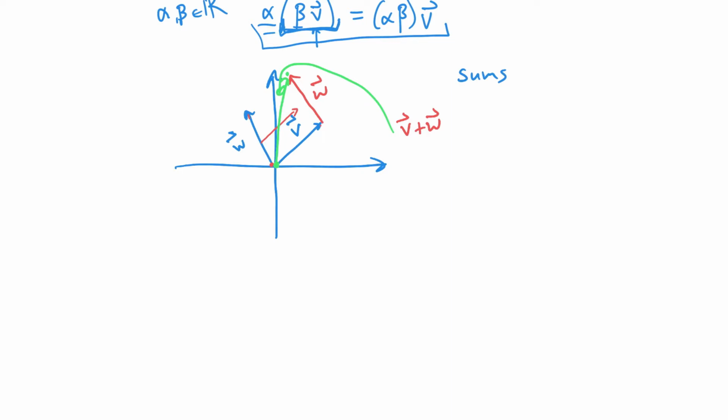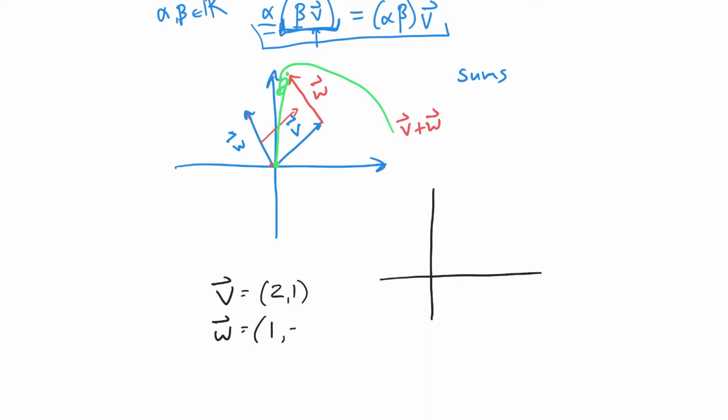Chances are you don't believe me. So let's actually work it out for a nice example. Let's say v is the vector 2, 1, and w is the vector -1, -2. So let's see if I can neatly draw this. All right, so v is 2, 1, so it looks like that. w is -1, -2, so it looks like that.